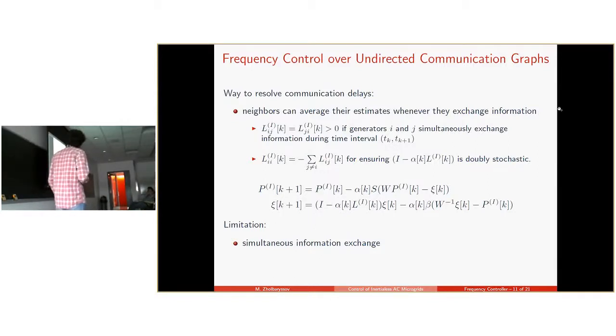There might be a case when an agent does not receive anything from its neighbors, then all weights will be 0 except the diagonal entry, which will be set to 1, which basically means that the weighted average will be just agent I's estimate. Unfortunately, there is still a limitation. We're still assuming that information exchange, when it happens, occurs within the same sampling period.